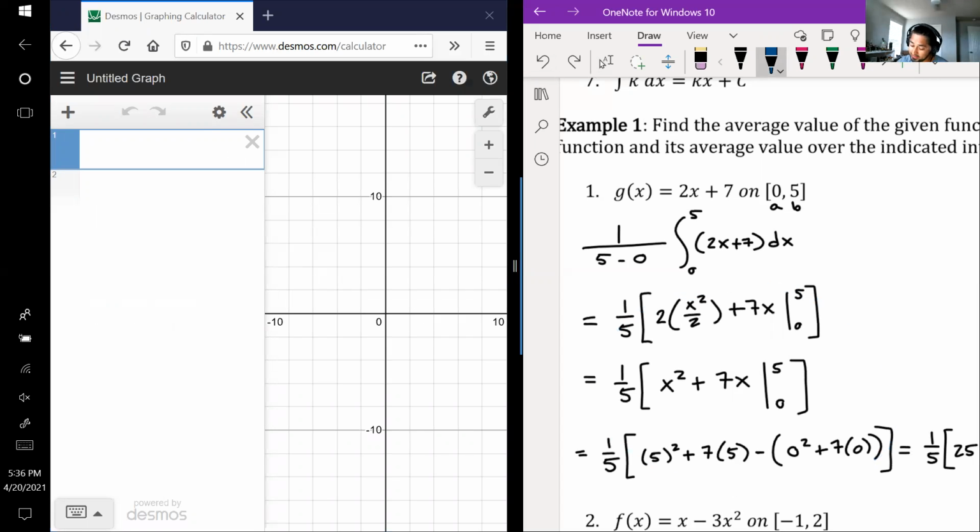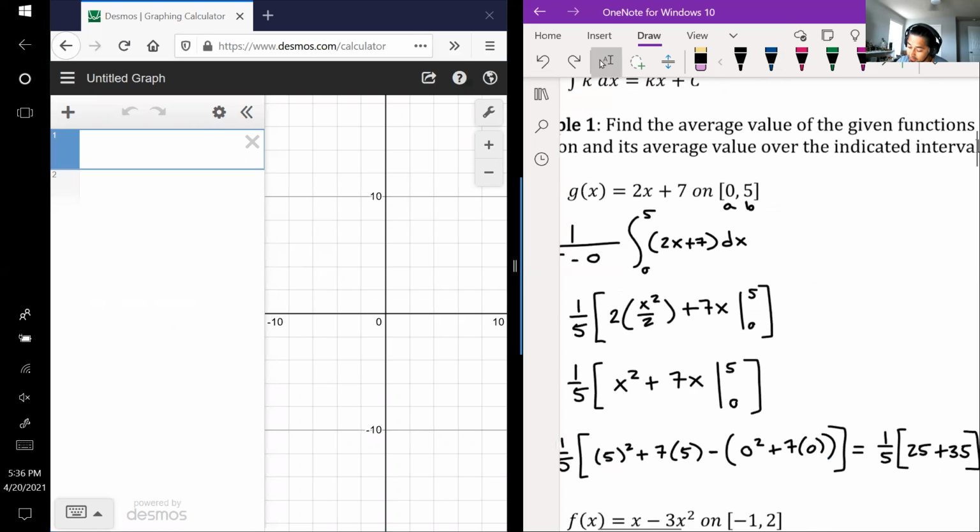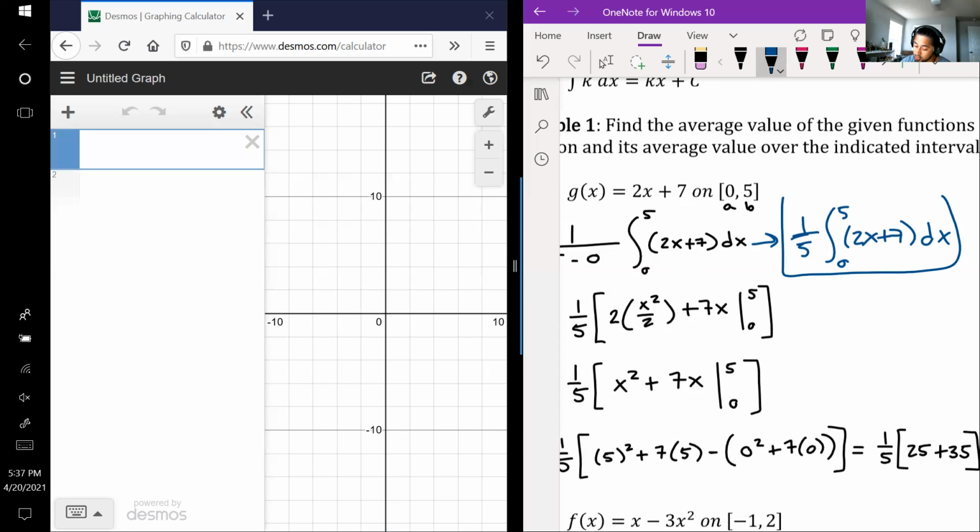Now, since we're using Desmos, this is what you're going to type in. It's going to be 1/5 times the integral from 0 to 5 of 2x plus 7 dx. So this is exactly what you will type in Desmos.